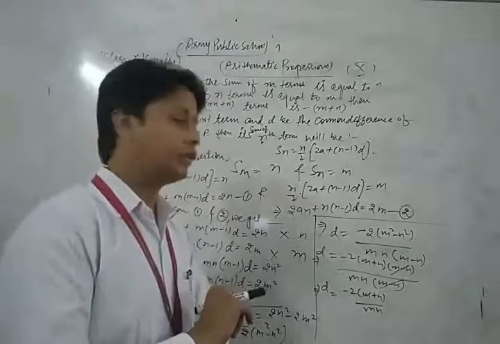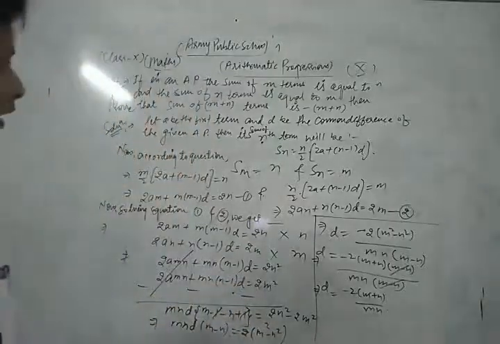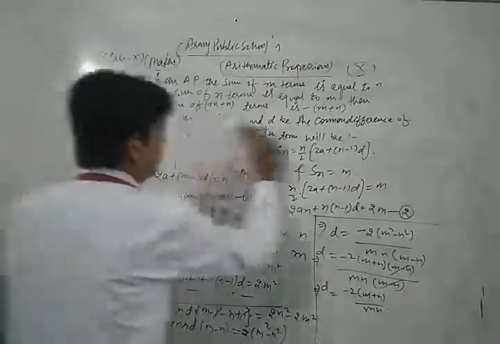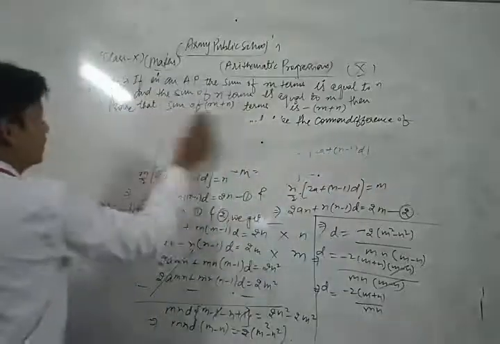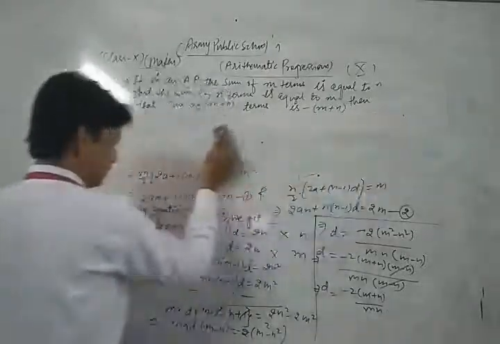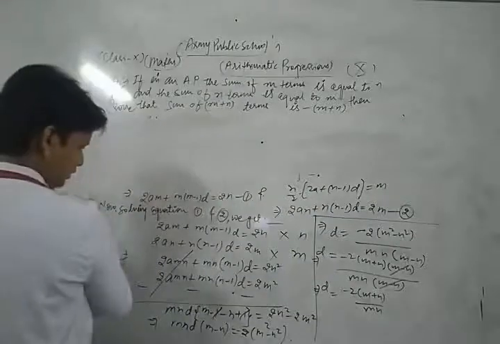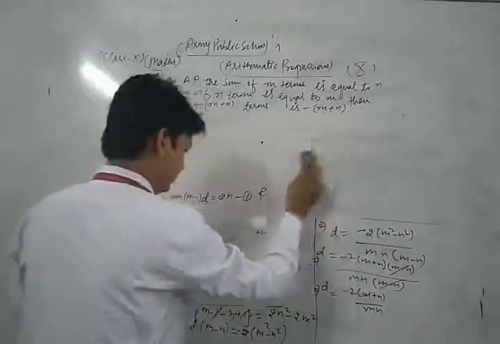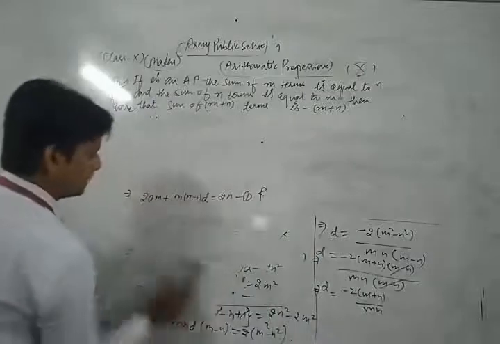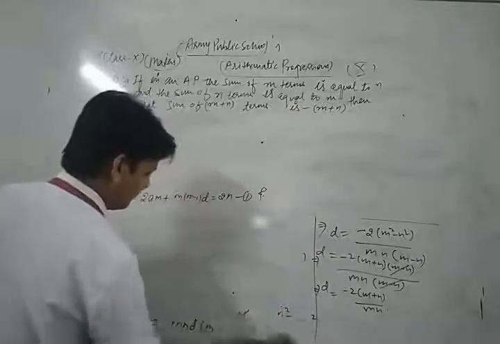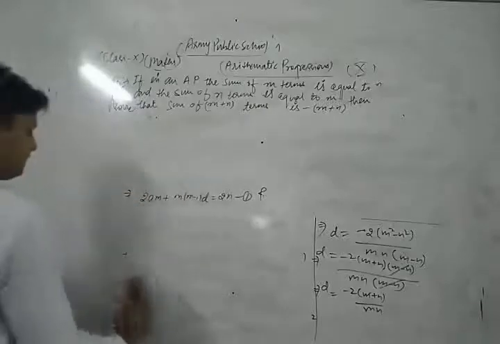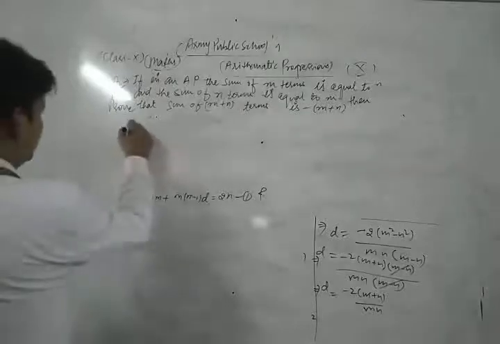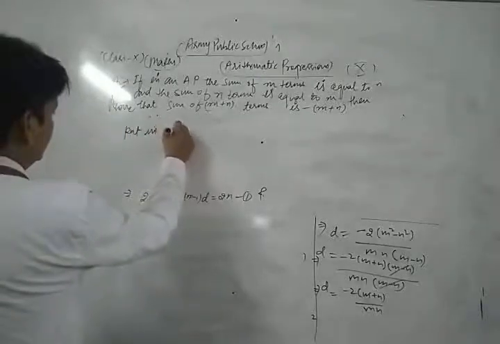Okay, now what do I do? Now we find the value of a. Let's see. We have to show that the sum of (m plus n) terms. Now put the value of d in equation 1.